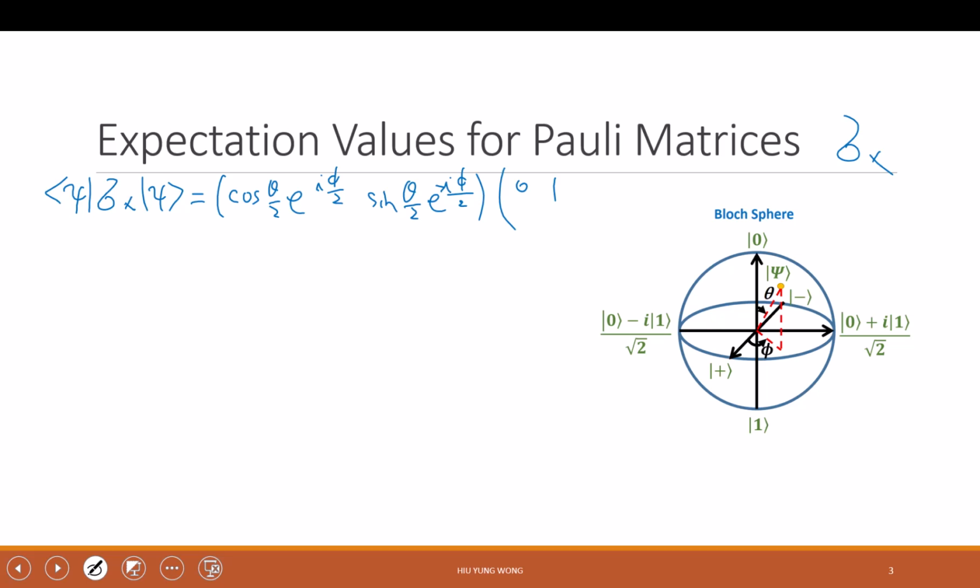0, 1, 1, 0. It is a NOT gate, right? And then we put the ket here, cosine theta. This time I don't need to apply the divided by 2, and I don't need to apply a complex conjugate.